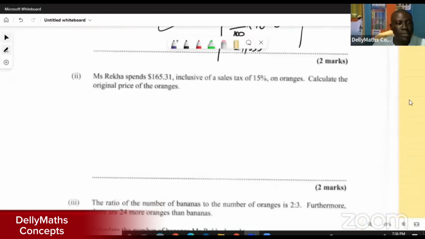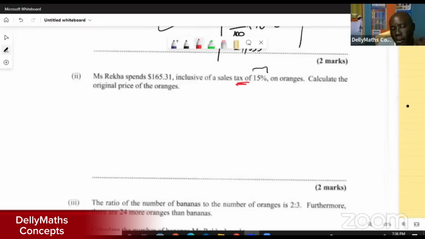All right. Next question. It says Real spent $165.31 inclusive of a sales tax of 15% on oranges. Calculate the original price. So this money that we're looking at already includes the tax. So then we are asked to find the original price.